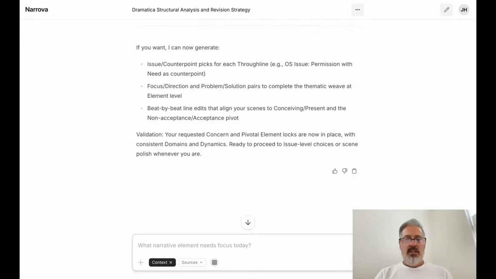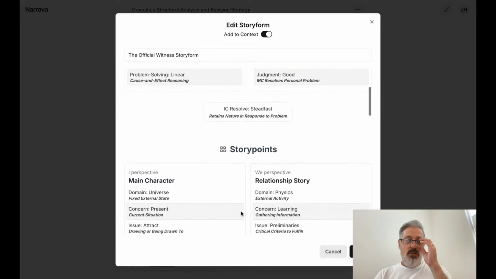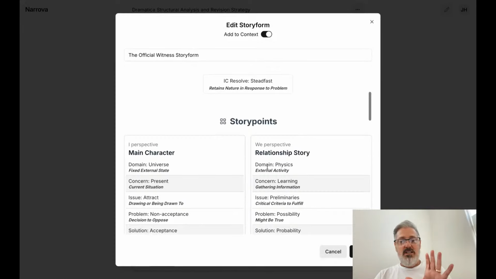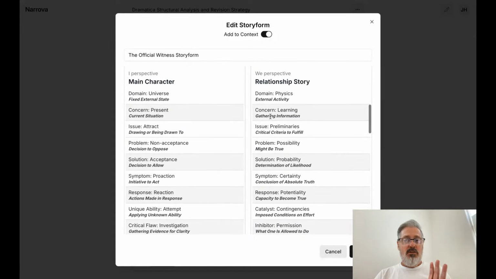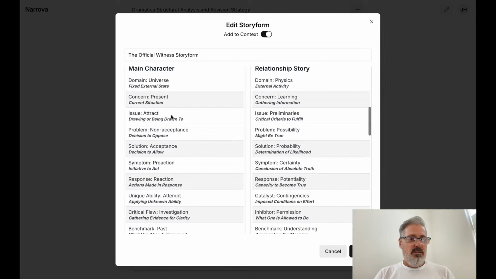And then once I got the story form, now it's here. Now I can go back into it and really figure out, because now I have all this stuff to draw upon, how to make it a better story. So, for instance, let's talk about the main character issue of attract.